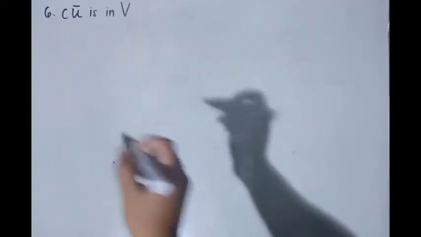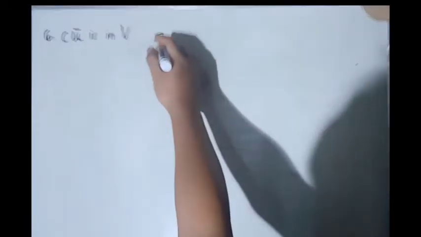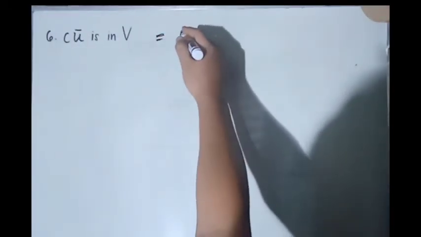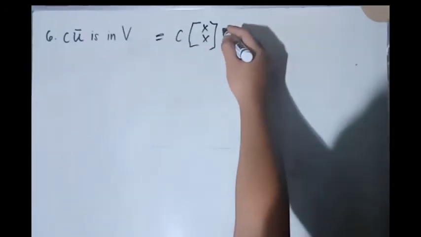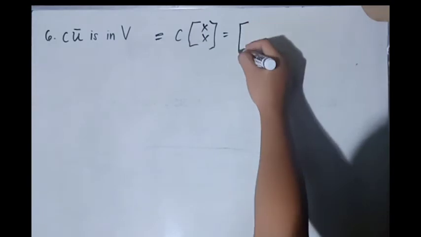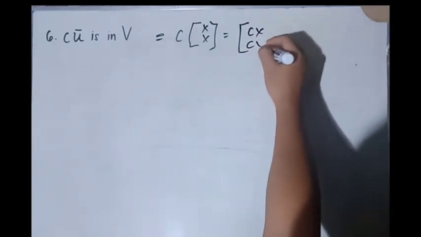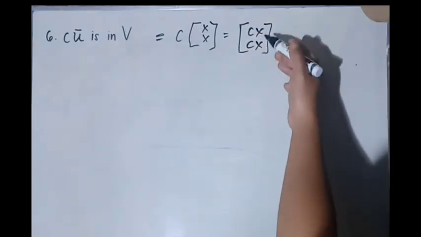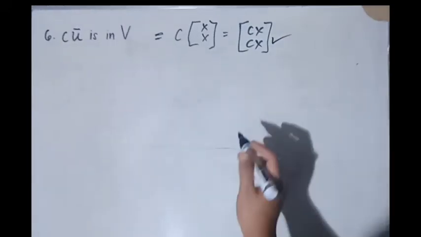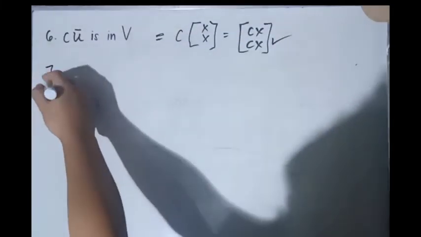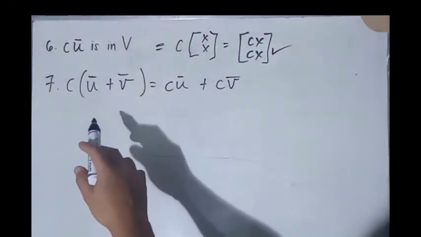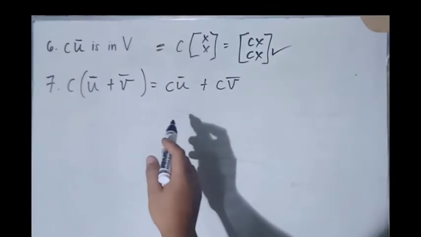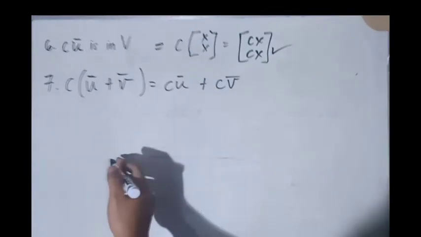In property number 6, we're gonna prove that c multiplied by U is in the vector space. So that is c multiplied by (x, x), and that is equal to (cx, cx). So since that is the same component, they are in the vector space. Next, property number 7. So we're going to prove that c multiplied by (U plus V) is equal to cU plus cV.